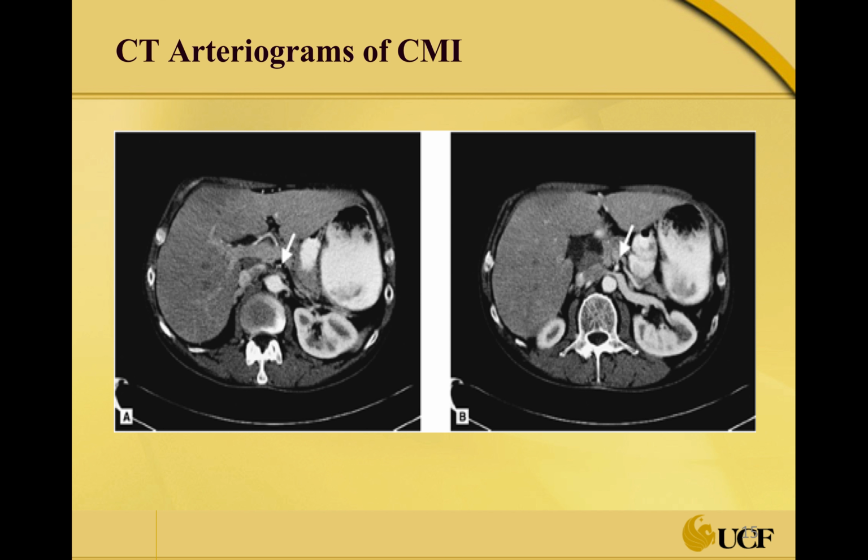Here you will see in these arteriograms, this is a CT with arteriograms of CMI. They show in a patient with chronic mesenteric ischemia an occluded celiac axis and superior mesenteric artery. Where you see A on your left side, the origin of the superior mesenteric artery is shown with an arrow.